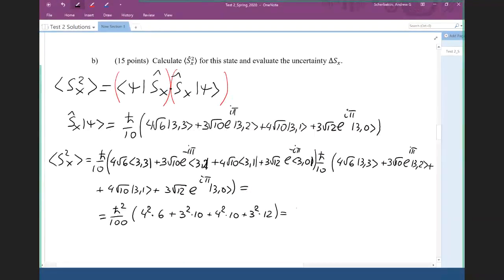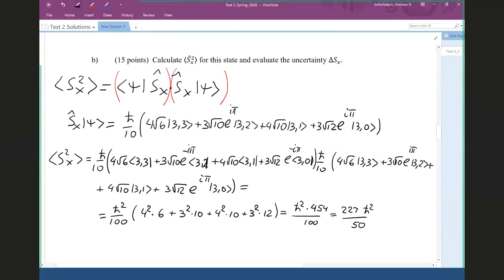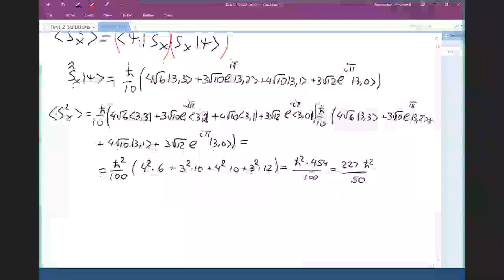This ends up to be h bar squared times 454 over 100. Okay, so that is just 227 h bar squared, whatever it is, over 50. Okay, that's it. Let's move on.